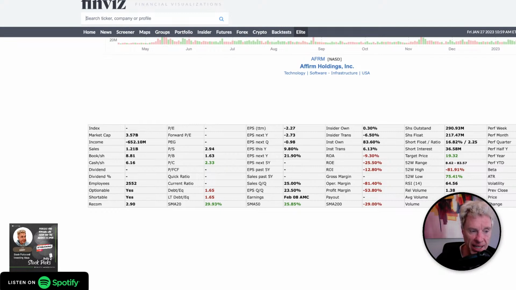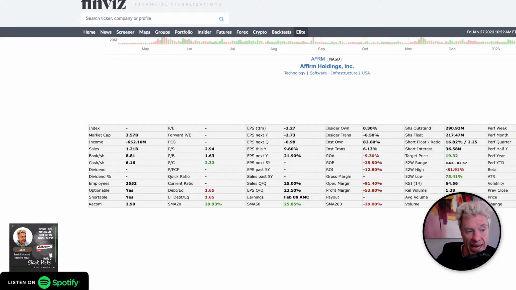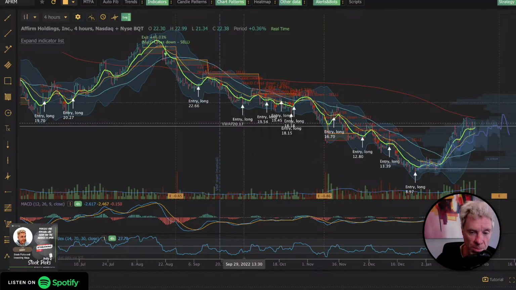I just think that's because their book value, their cash per share, is $6.16. So at the very least, this stock is worth $8 or $9. Now, in their earnings, if they come out and they have less cash because they've been spending cash, or their bad debt balance, people kind of defaulting, that's where you kind of get into this one.